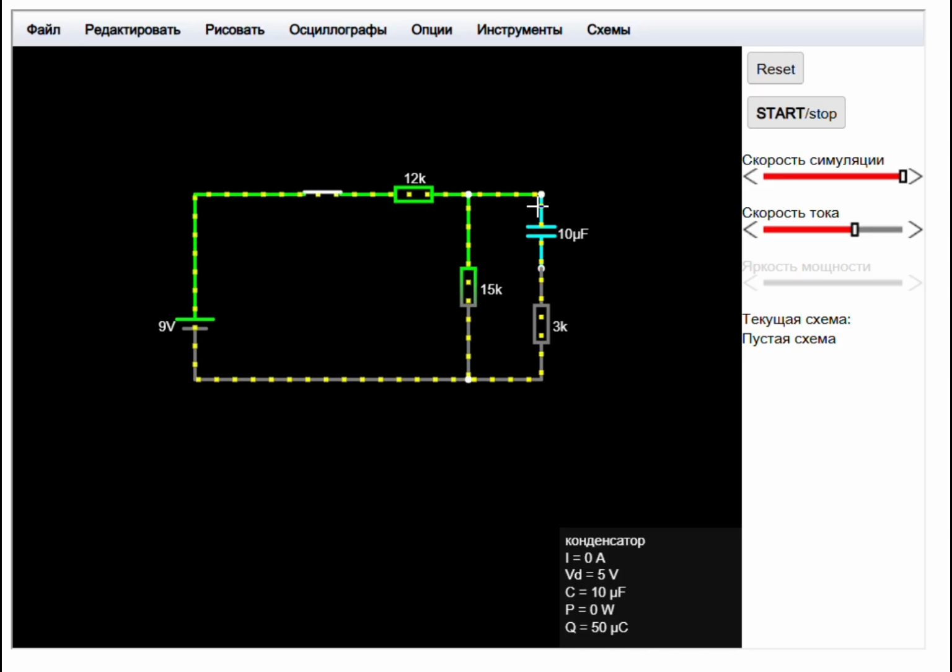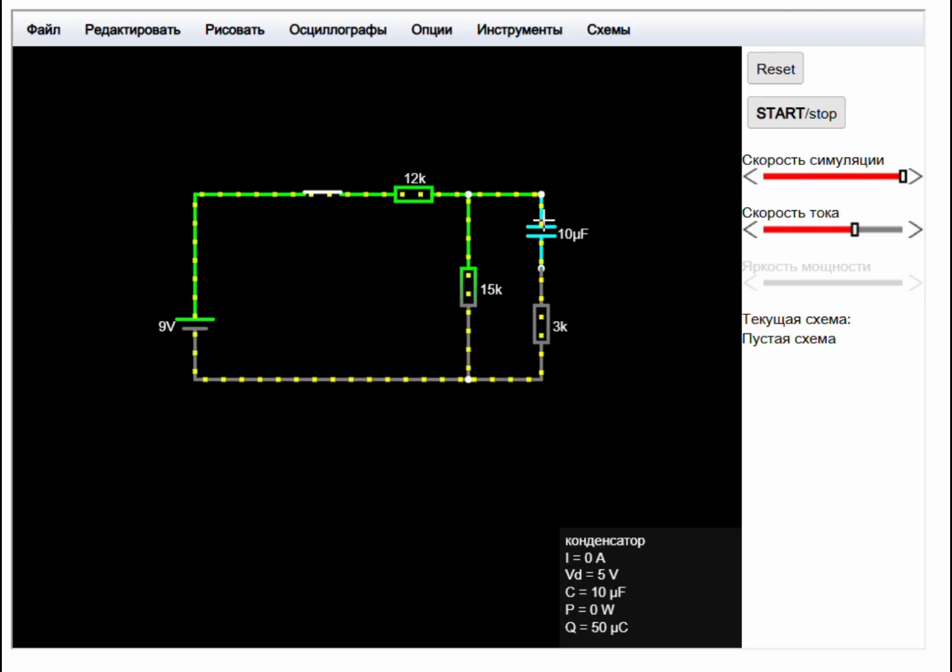On the right side 5 volts, on the left side also 5 volts. So in parallel the voltages are equal. By using those voltages, we found the maximum charge of the capacitor is equal to 50 microcoulombs.